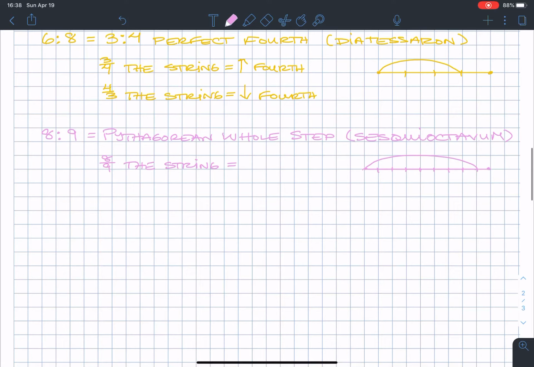Okay, so if I have 8/9 of the string, that's up a whole step. Whereas if I have 9/8 of the string, that's larger than 1. That's going to be a little bit lower frequency, so down a whole step.